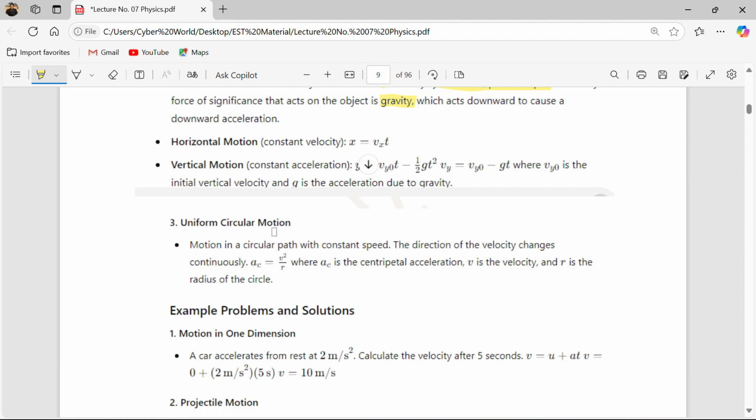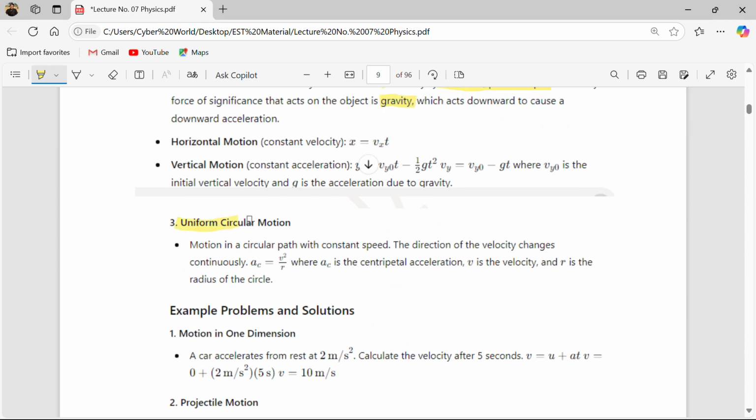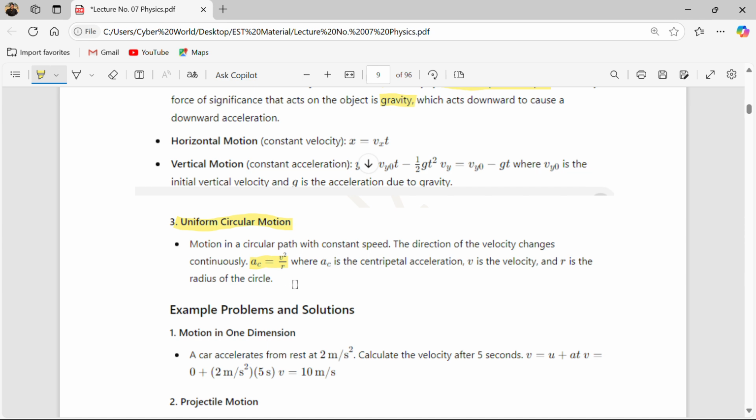There is another topic for 2D, which is uniform circular motion, meaning centripetal acceleration. When a body moves in a circle, centripetal acceleration is applied on it, and centripetal acceleration is equal to v square by r. This is a very important formula, and many problems come from it.